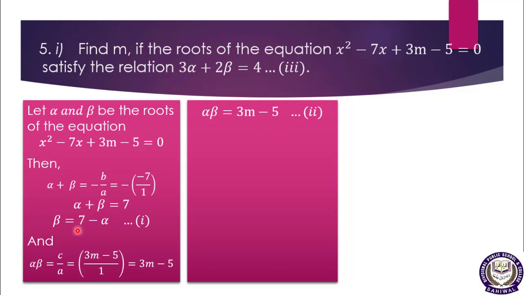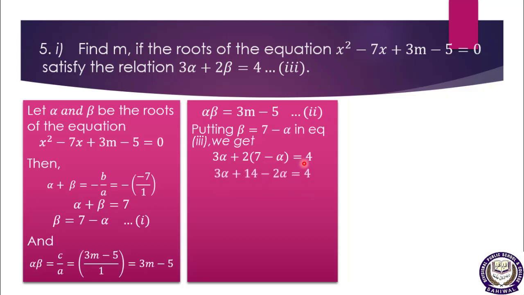Putting the value of beta from equation 1 in equation 3, we get 3 times alpha plus 2 times, putting the value of beta, that is 7 minus alpha, equal to 4. We get 3 alpha plus 14 minus 2 times alpha equal to 4.